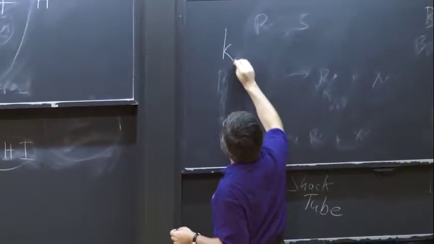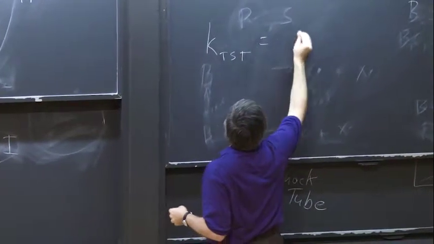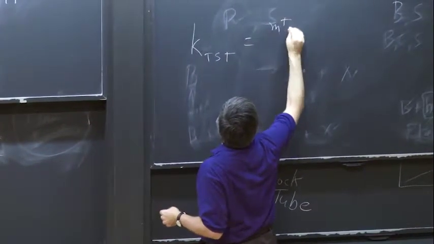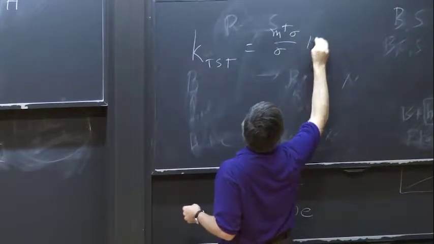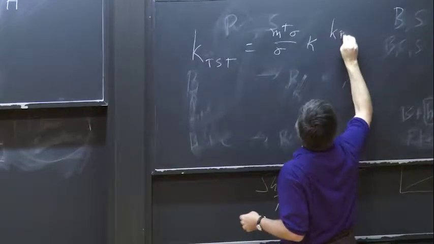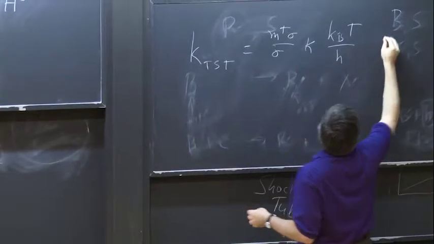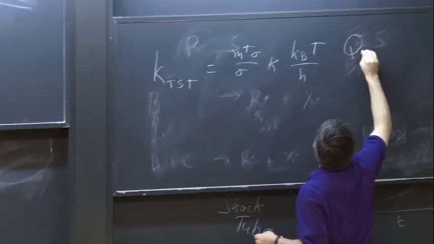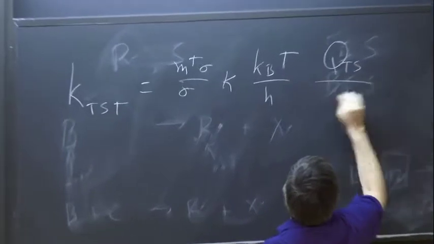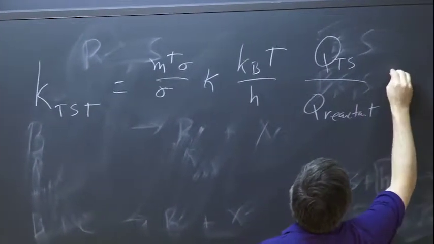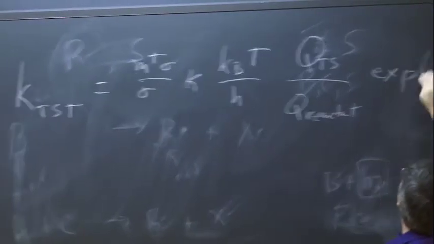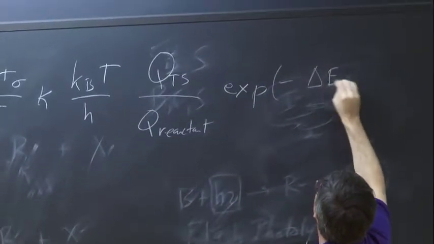So the transition state theory expression is what? It's something with this M and a bunch of sigmas. I don't remember how many sigmas, and maybe some kappa. There's a kT over h. There's a Q of the transition state over the Q of the reactant. Exponential negative delta E0.